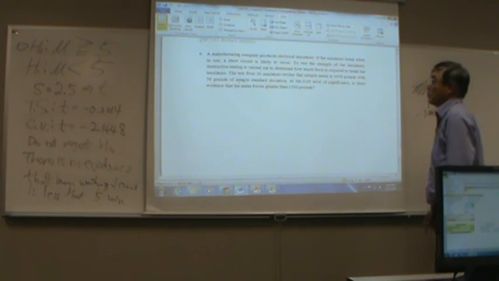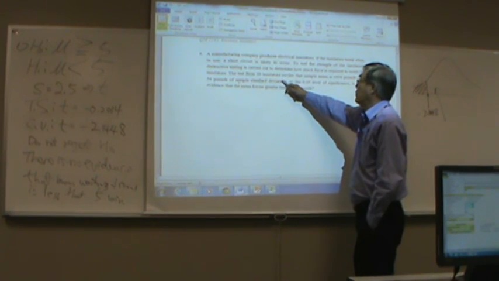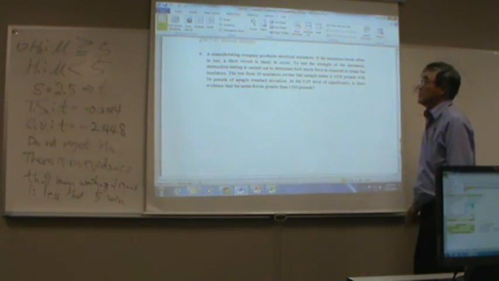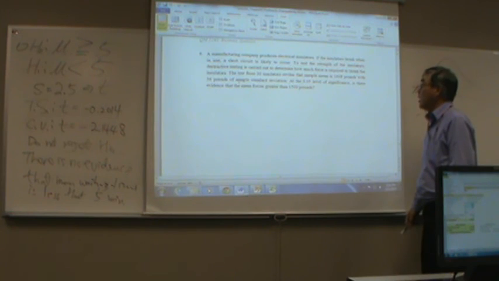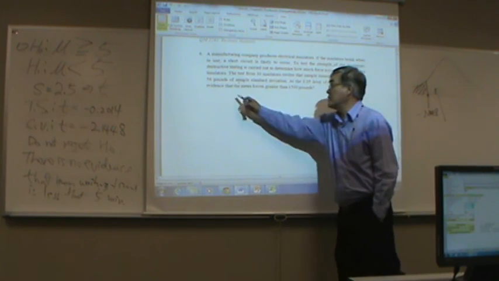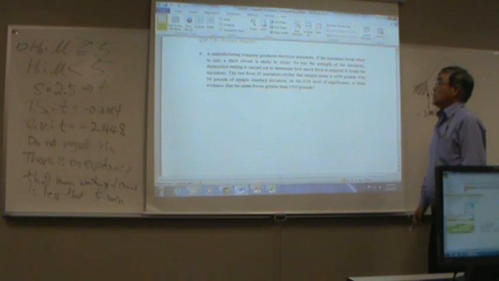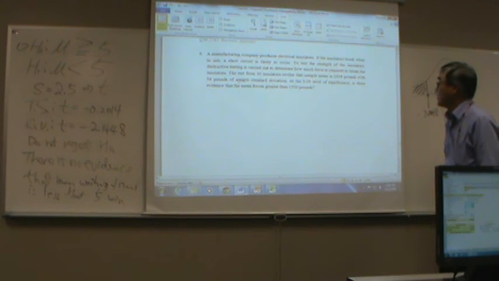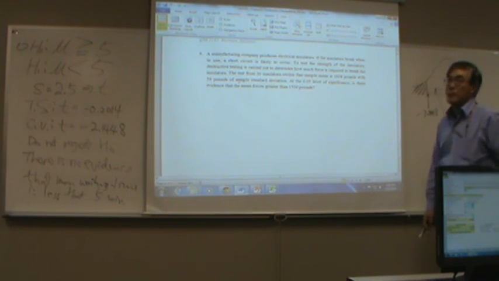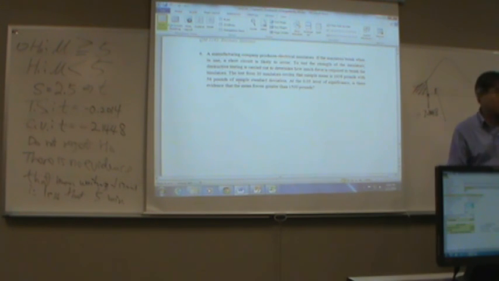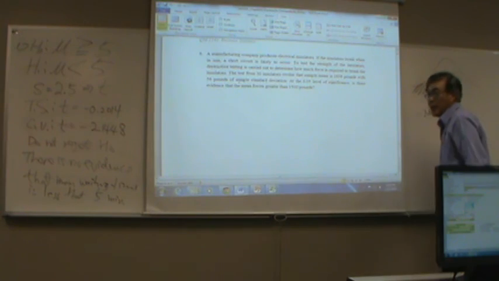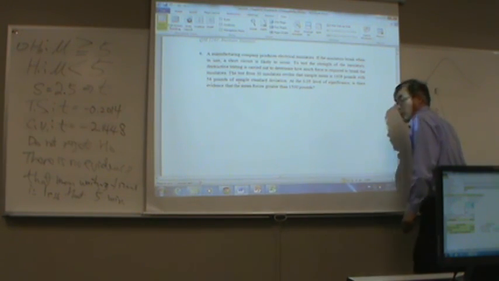The test of 30 insulators reveals a sample mean of 1,638 pounds with 56 pounds of sample standard deviation. At the 0.05 level of significance, is there evidence that the mean force is greater than 1,500 pounds? Greater than, so a one tail test, right?